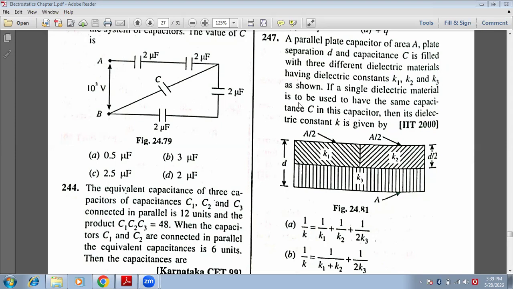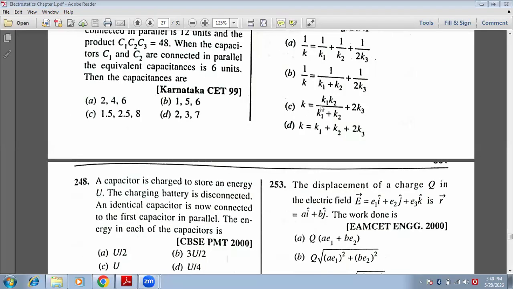If a single dielectric material is to be used to have the same capacity C in this capacitor, then its dielectric constant K is given by: option A, 1/K = 1/K1 + 1/K2 + 1/2K3; option B, 1/K = 1/(K1 + K2) + 1/2K3; option C, K = K1K2/(K1 + K2) + 2K3; option D, K = K1 + K2 + 2K3. Correct answer: option B, 1/K = 1/(K1 + K2) + 1/2K3.